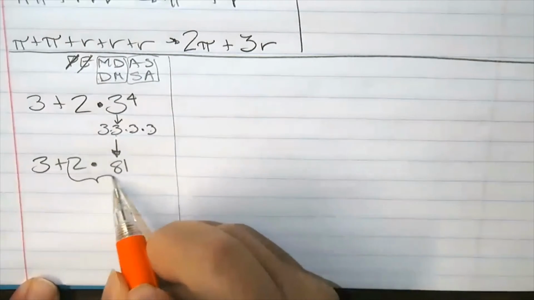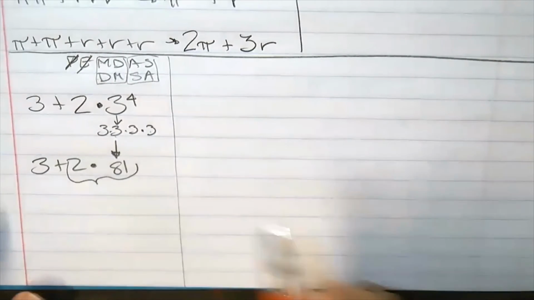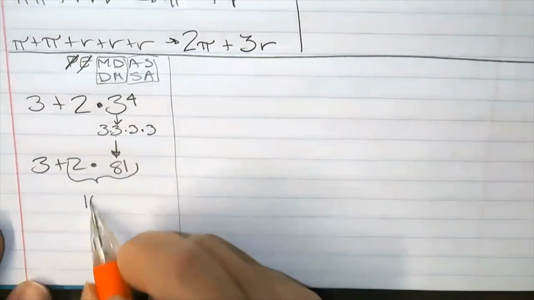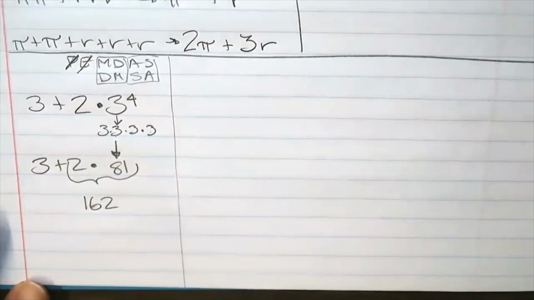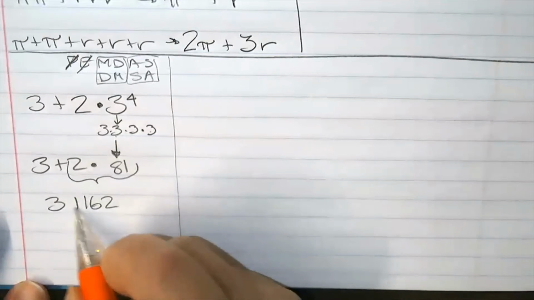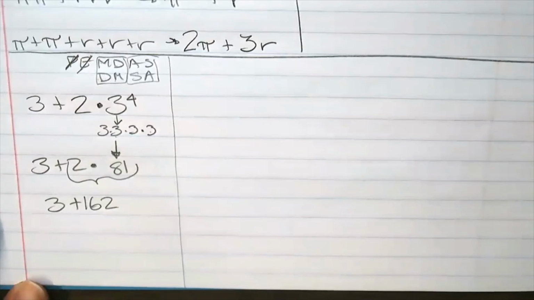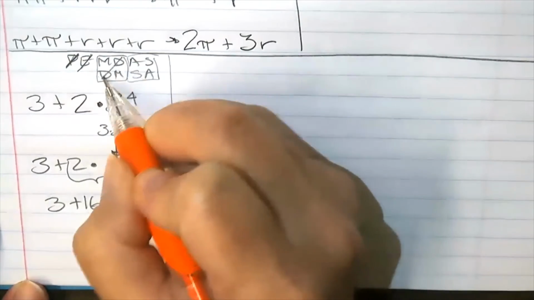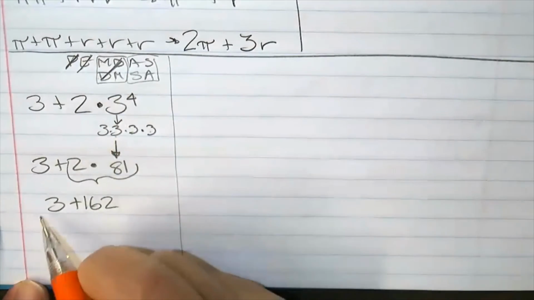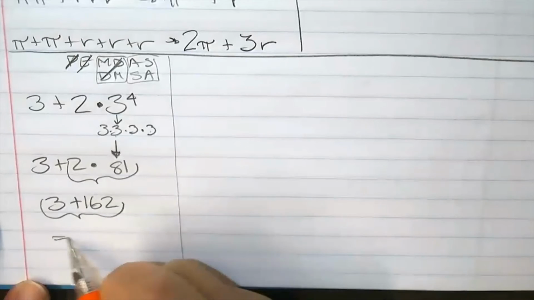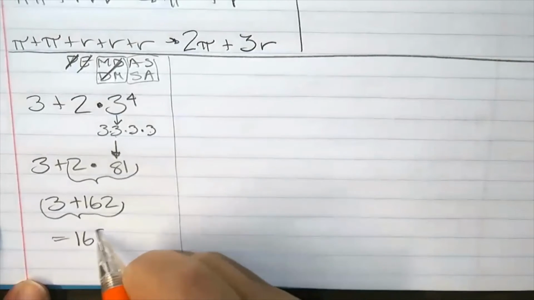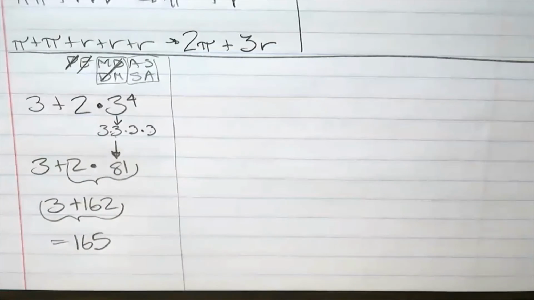So we're going to take care of this. 2 times 81 is 162. And everything else comes down. So I've taken care of multiplication and division. Now I have addition and subtraction. 165. So you really need to be strong with your order of operations here.